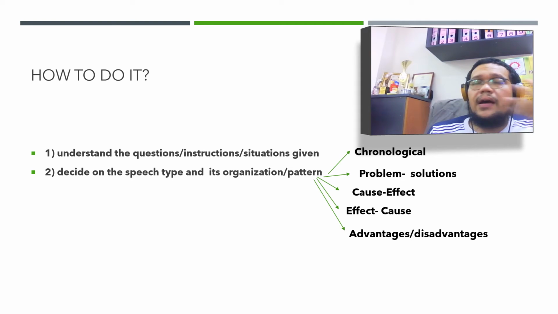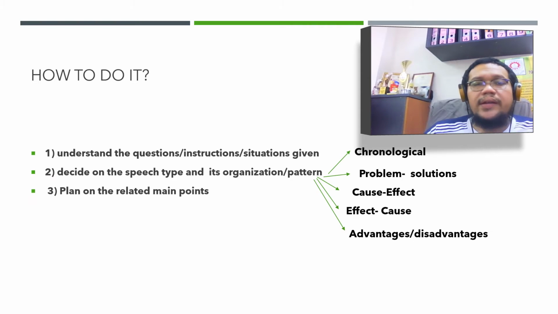Unless you choose to make a stand, you choose to either agree or disagree, then you can choose only one option or one opinion about certain issues. This is a very important step where you have to decide on the pattern or organization of your speech.